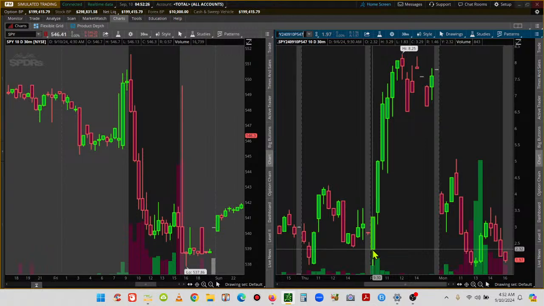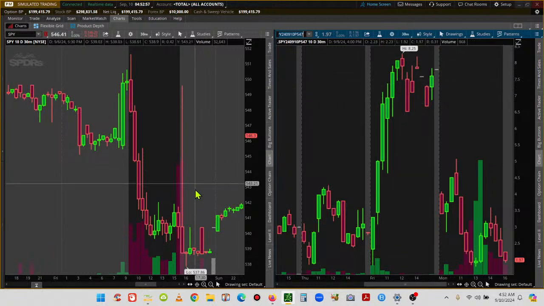That's times 100, so it's $232. We're going to always use real money instead of options pricing. Okay, so it went up to over $800. That was the profit potential because this went down below 547 and in the money on 9/6, and it still had several days left. That's why it was worth so much money.